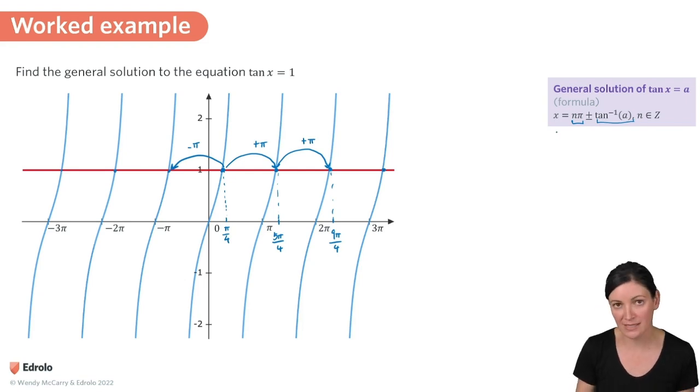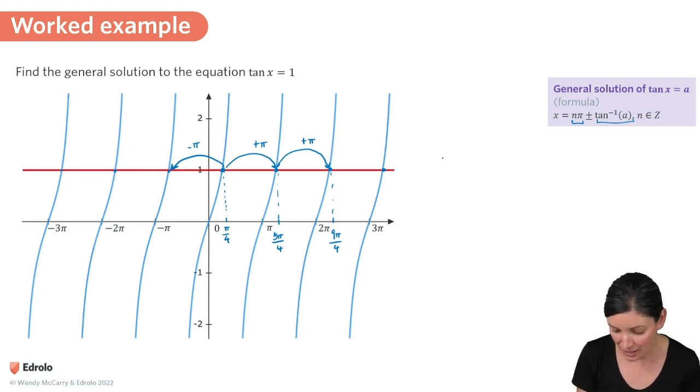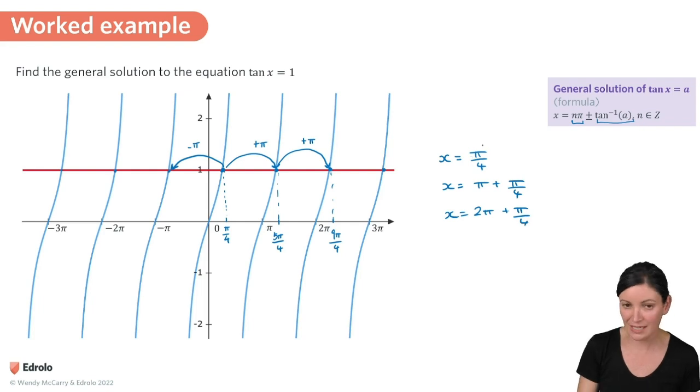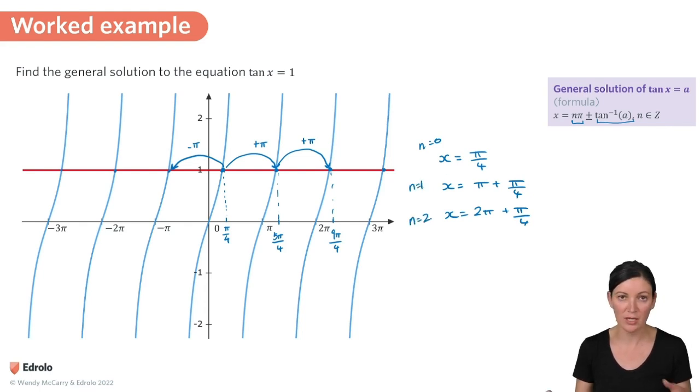So if I look at my example that I just did, I had x is equal to pi on 4, then I had x is equal to pi plus pi on 4, then I had x is equal to 2 pi plus pi on 4. So you can see this is the case where n is equal to 0, this is where n is equal to 1, this is where n is equal to 2, and I can do the same thing on the negative side, okay?